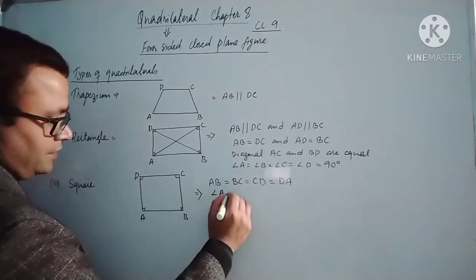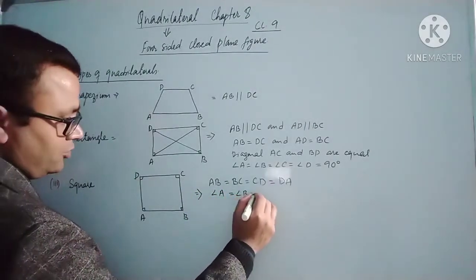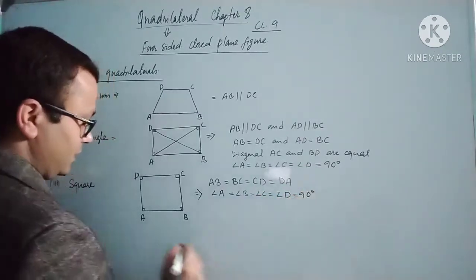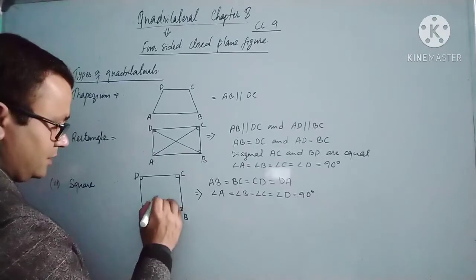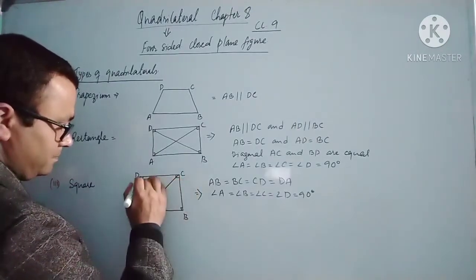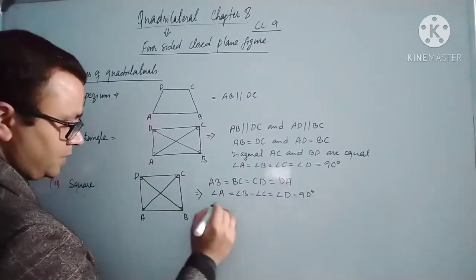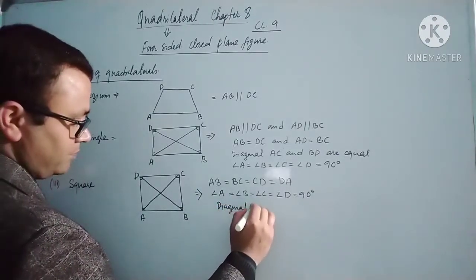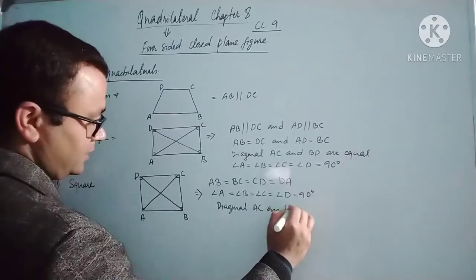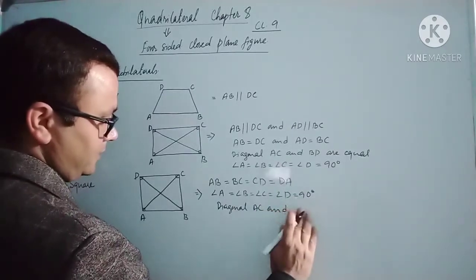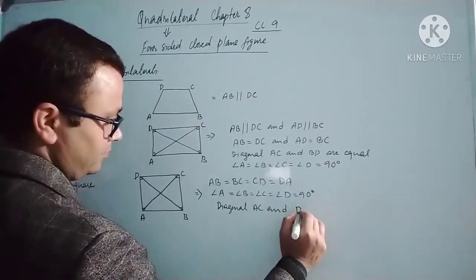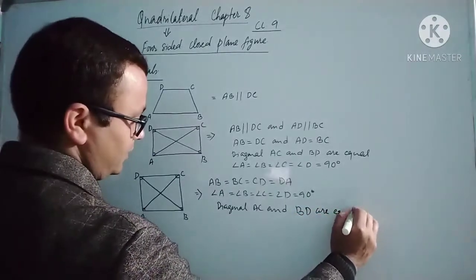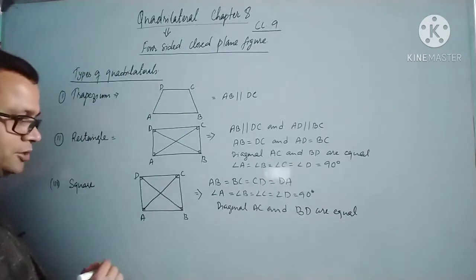Angle A equals angle B equals angle C equals angle D equals 90 degrees. And the last thing is diagonal AC and diagonal BD are equal. These are the properties of square.